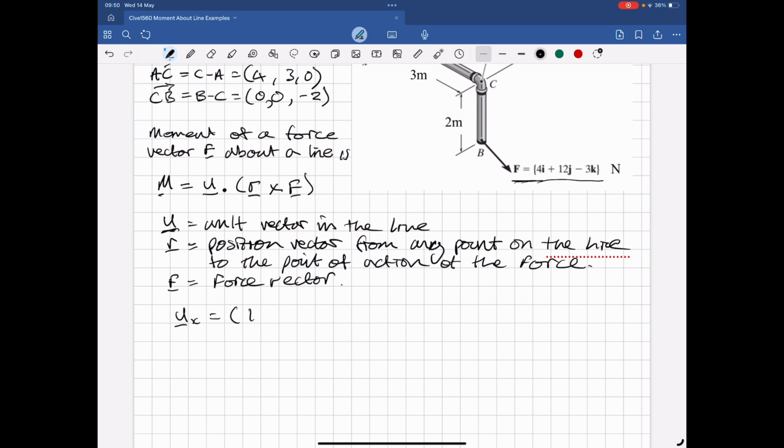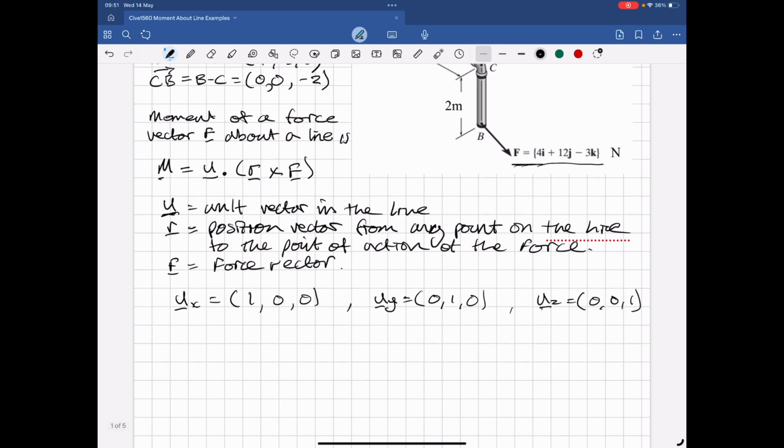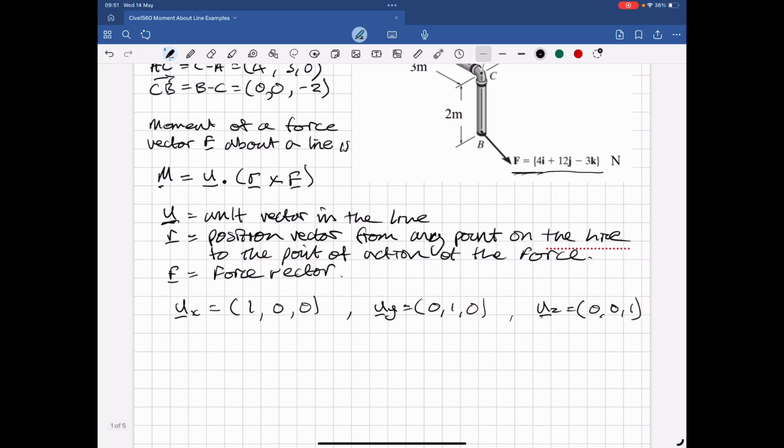The vector is simply 1, 0, 0. U in the y direction is simply 0, 1, 0, and u in the z direction is simply 0, 0, 1.